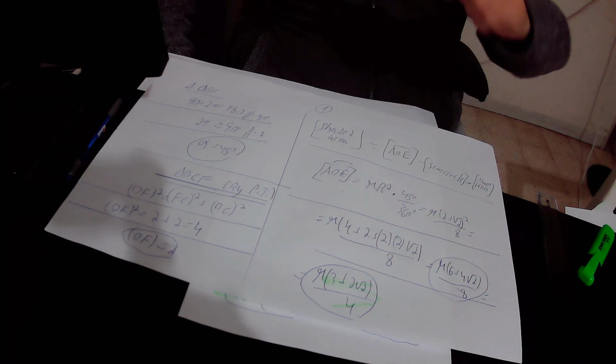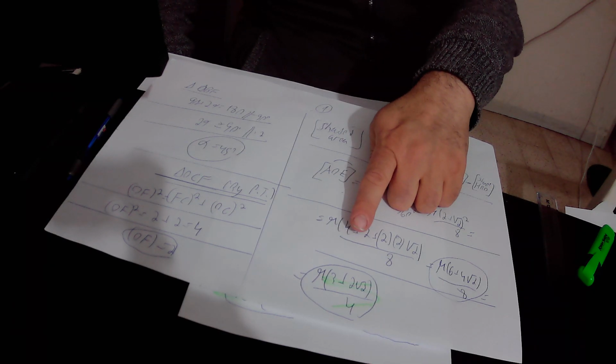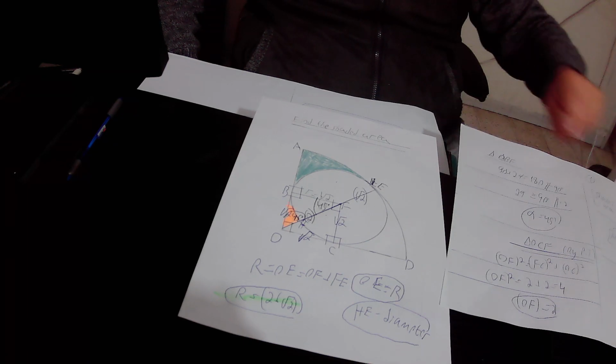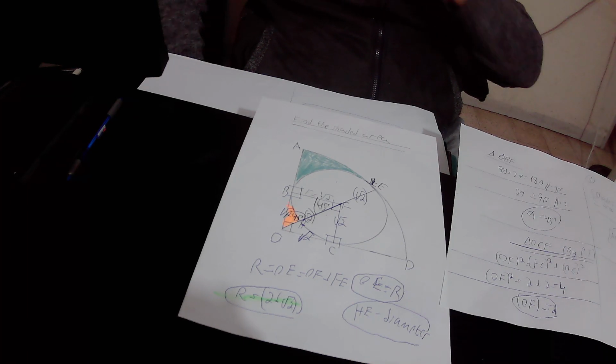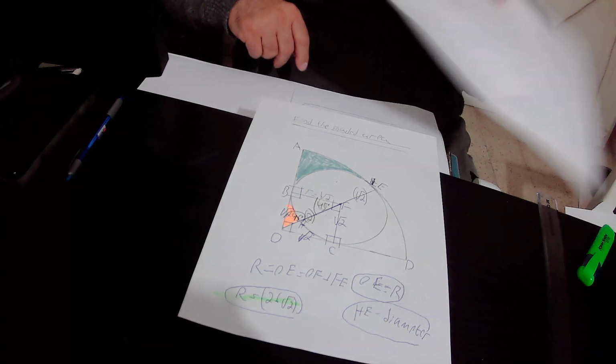So we found out that the area of sector AOE equals pi times (3 plus 2 times square root of 2) over 4. Okay. So here we have rule 9 that we can implement.